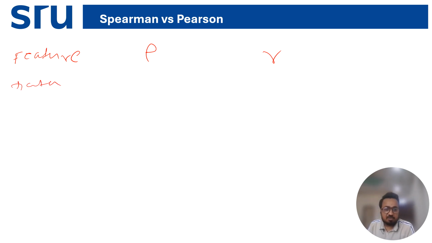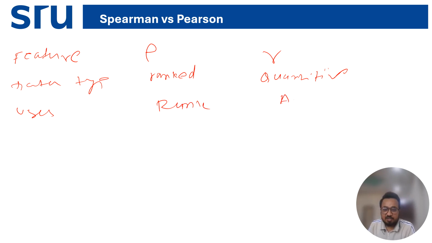If you discuss the data type, Spearman is based on rank, and Pearson is based on quantitative data. For usage, Spearman uses the ranks and Pearson uses the actual values.